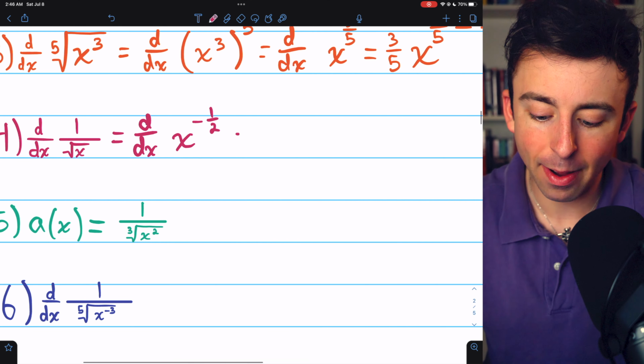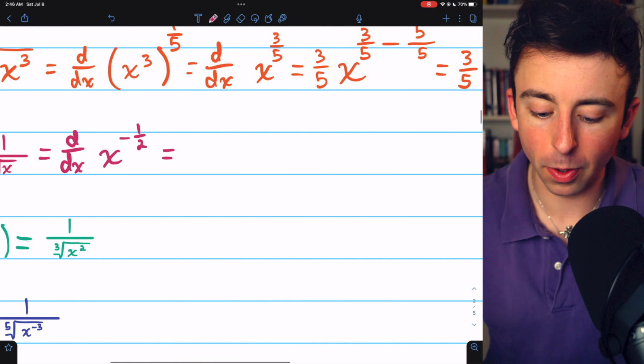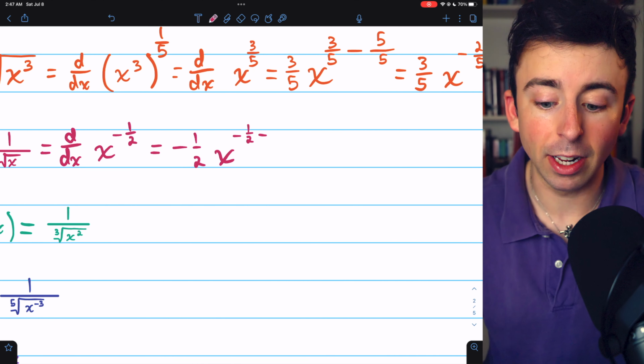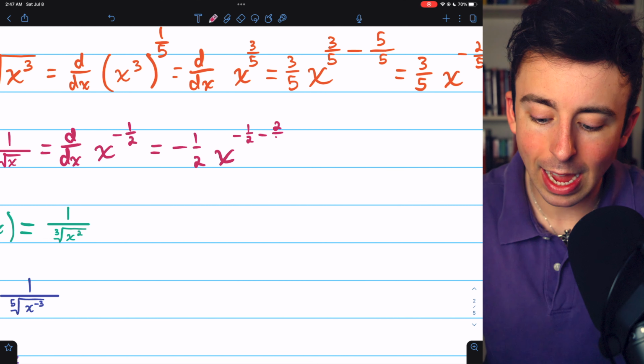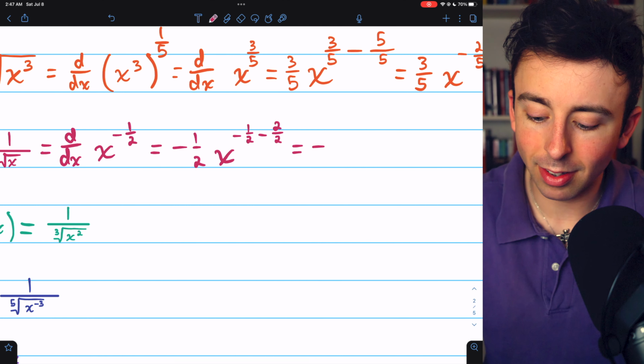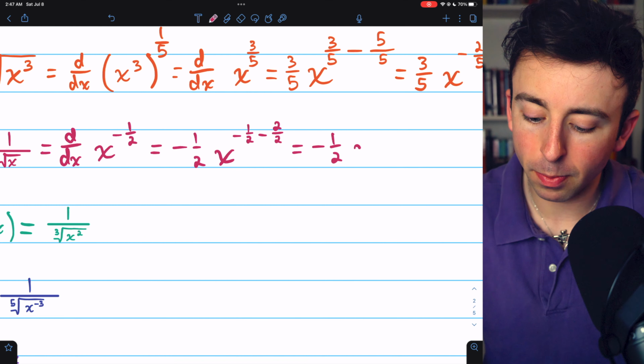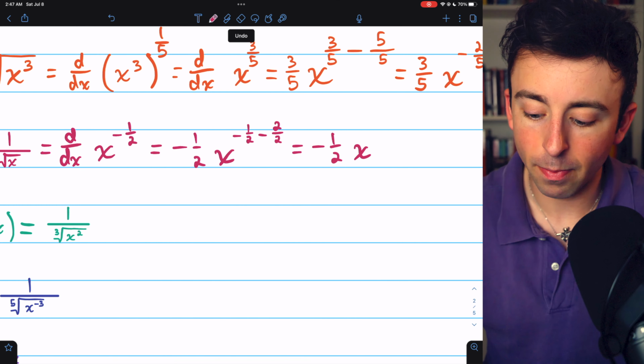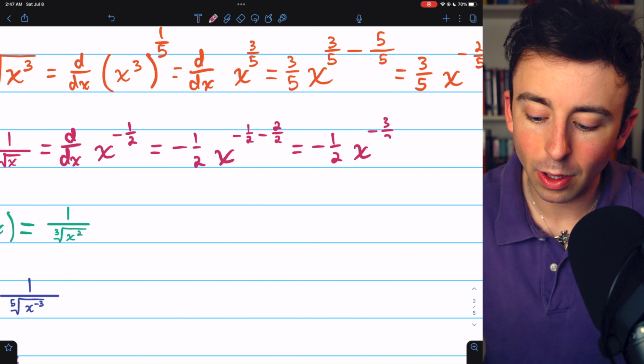Once we write it like that, we can take the derivative using the power rule. Bring the exponent down in front as a factor, so negative 1/2, multiplied by x to the power of negative 1/2 minus 1. I'll write minus 1 as 2 over 2. So this is negative 1/2 multiplied by x to the power of negative 1/2 minus 2/2 is negative 3/2.